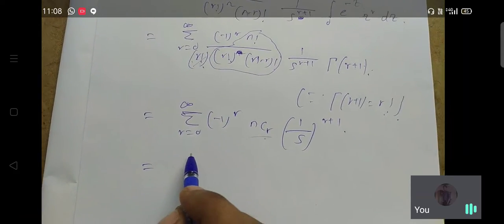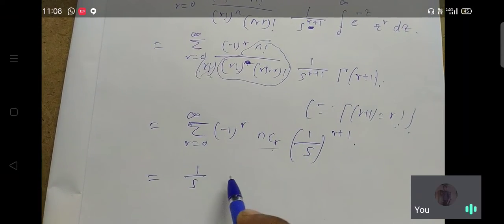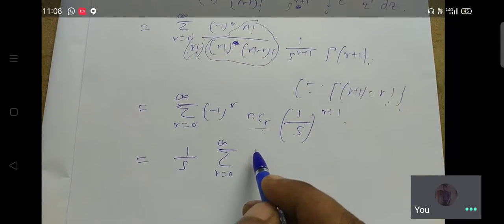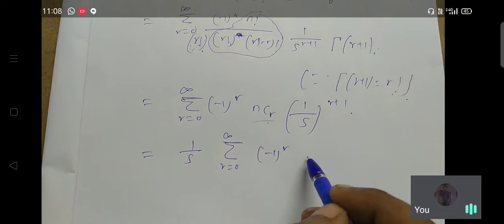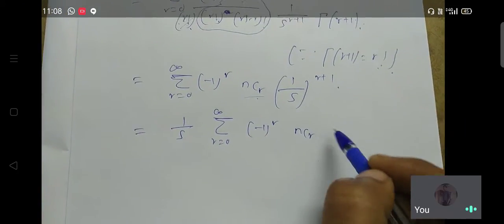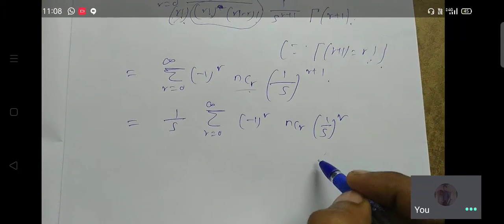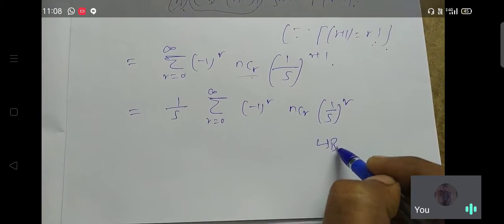Take 1 over s outside of the summation, so the summation of (-1)^r nCr times 1 over s^r. Now apply the binomial expansion.